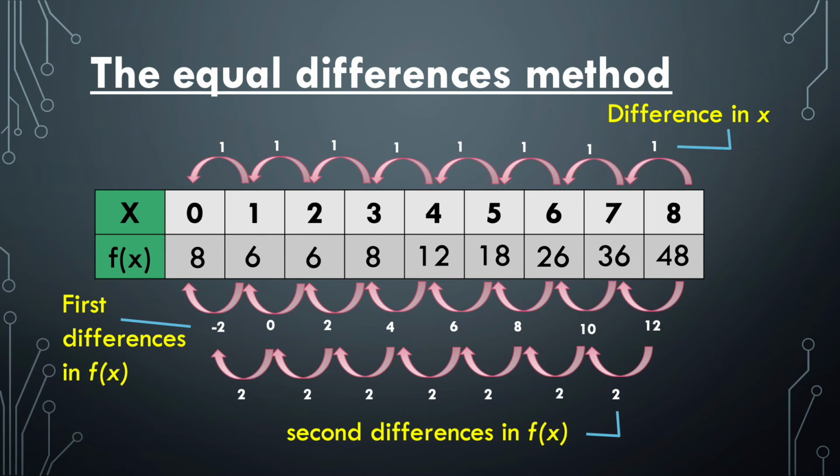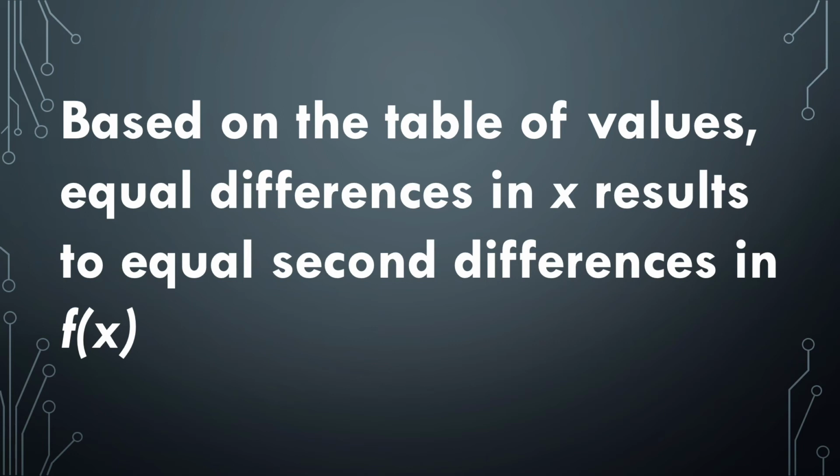So now we can say that this is a quadratic function. Based on the table of values, equal differences in x result in equal second differences in f of x. This property of second differences holds for all quadratic functions.